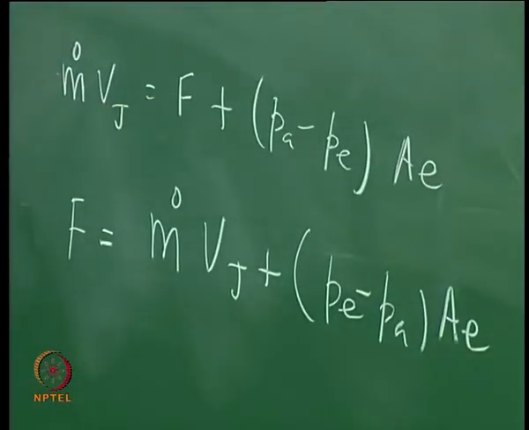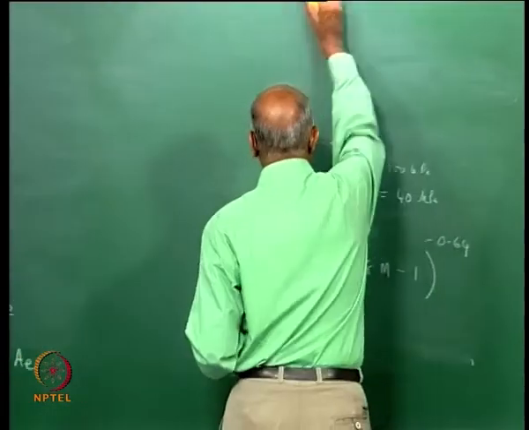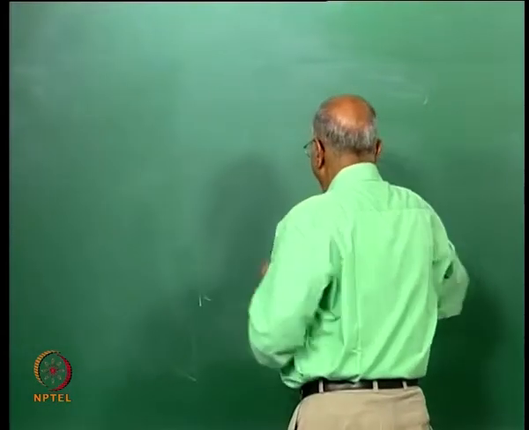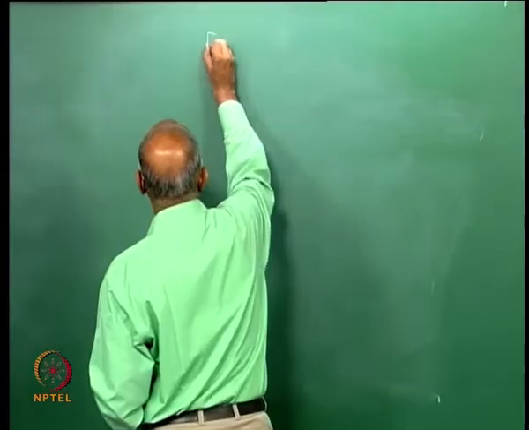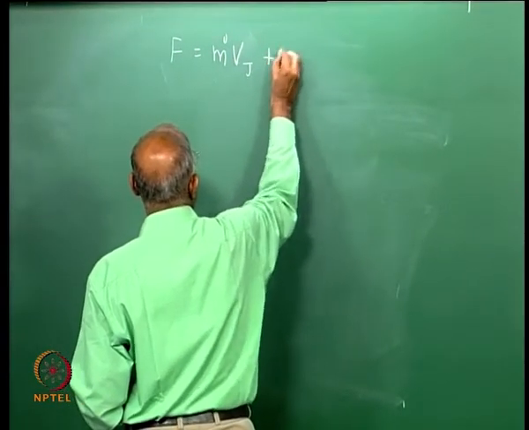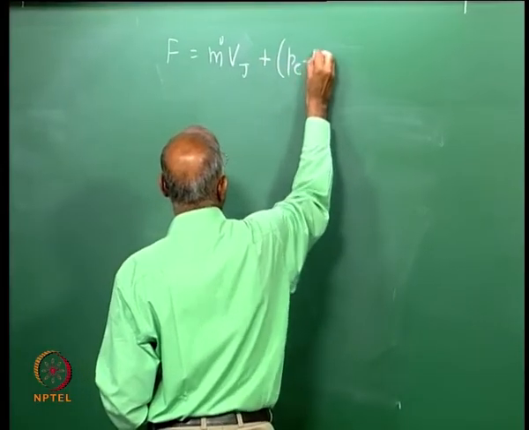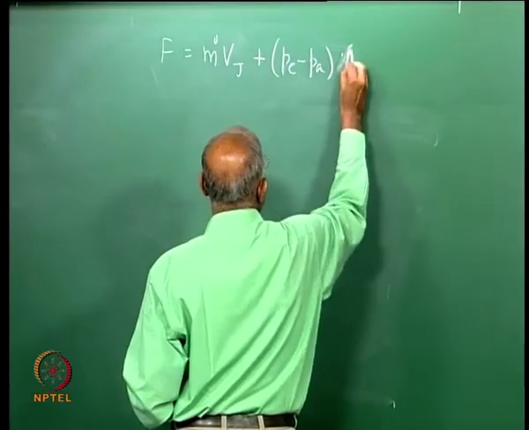Now I have slightly modified my thrust equation, where originally we considered the exit pressure to be the same as Pa, and we got the expression F equals m dot Vj. Now, I have to add the pressure term (Pe minus Pa) into the exit area.